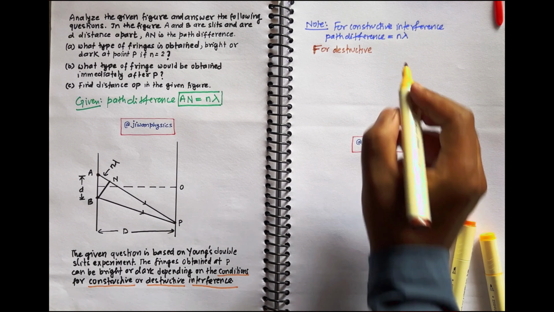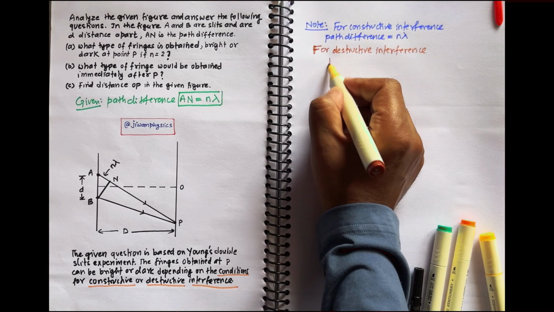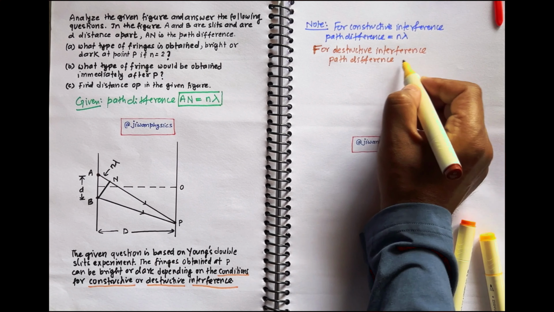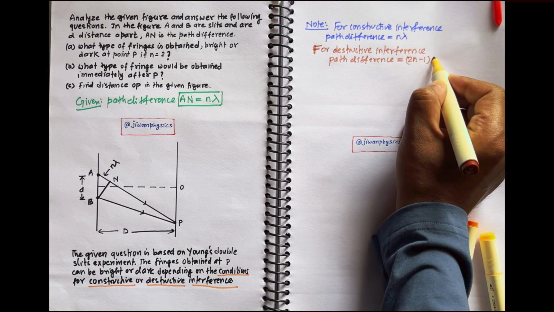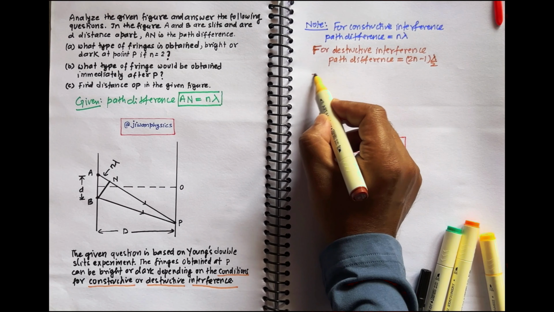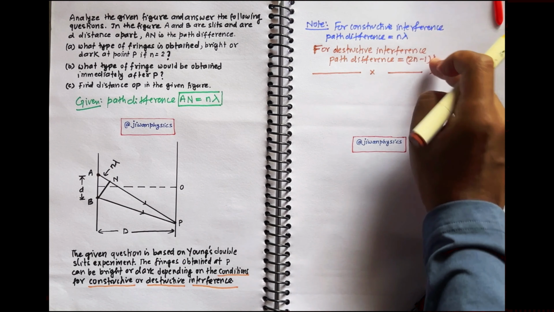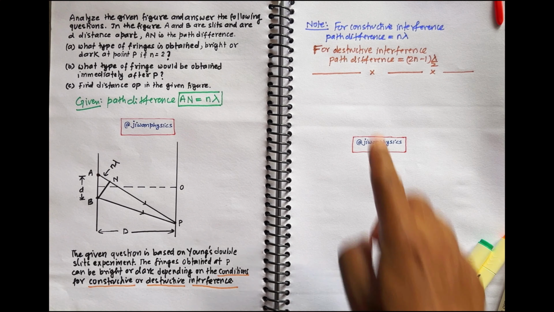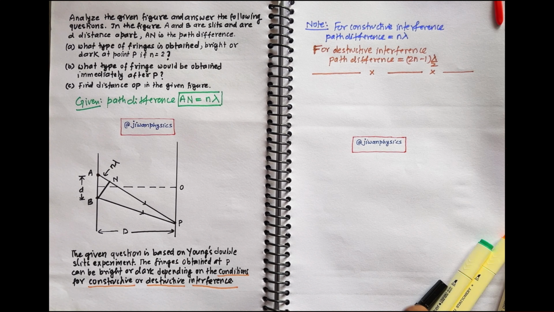For destructive interference, path difference equals (2n minus 1) lambda by 2. So we have these two conditions for constructive and destructive interference. By constructive we mean maxima or bright, and by destructive we mean minima or dark. So this is to be noted.